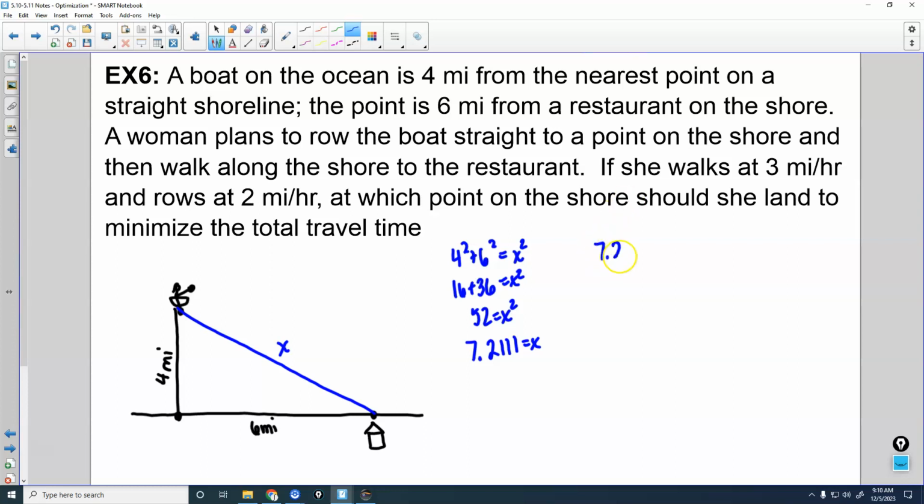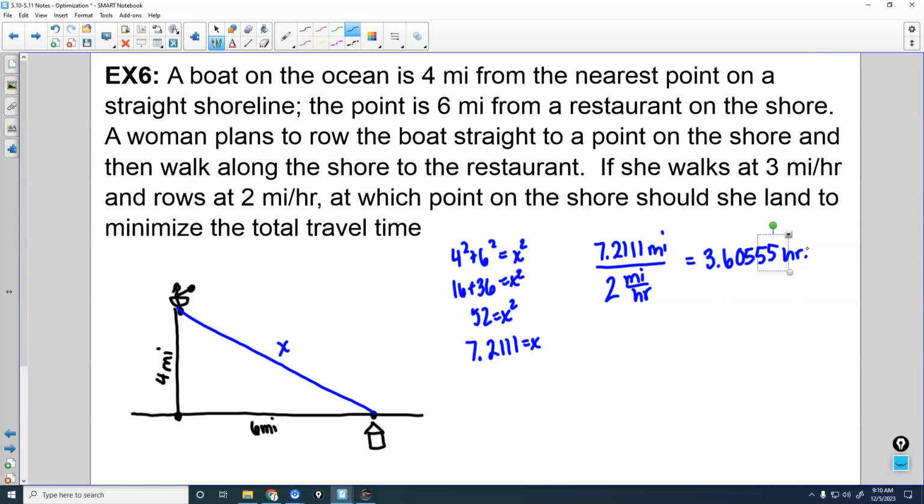So 7.2111 miles divided by 2 miles per hour is going to give us 3.60555 hours. So that's the scenario where she just goes the shortest distance.